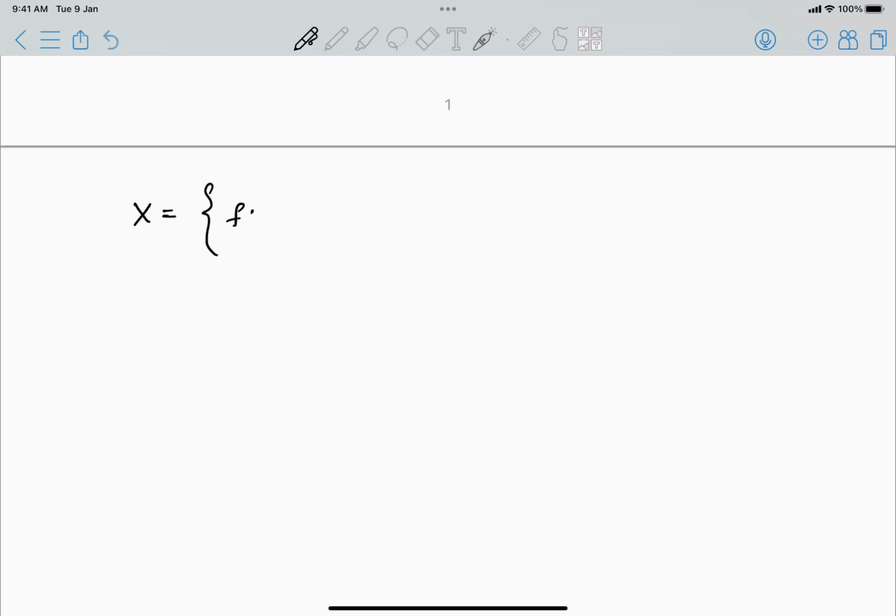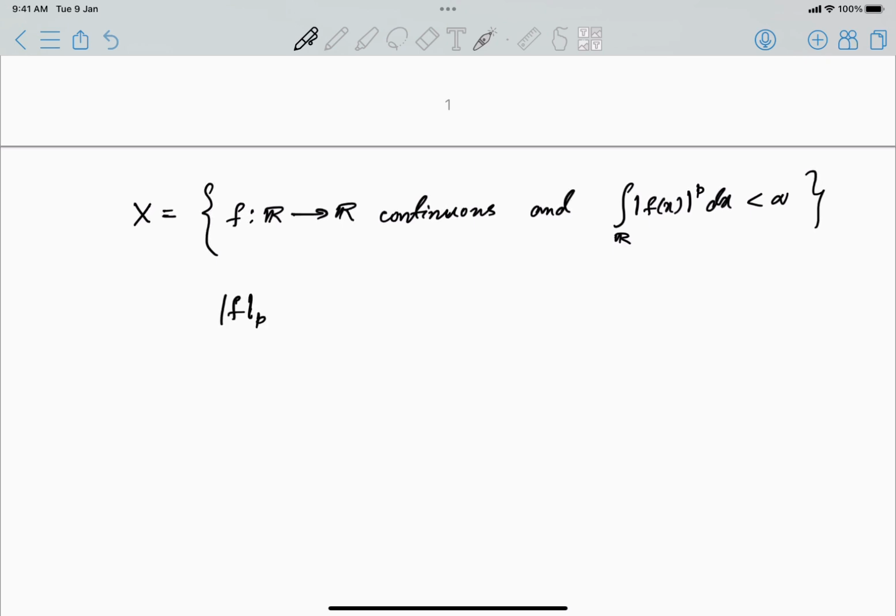X is the set of f from R to R, continuous, and the integral over R of |x|^p dx is finite. Then we have defined this f subscript p to be the integral of |f(x)|^p dx to the power 1/p.